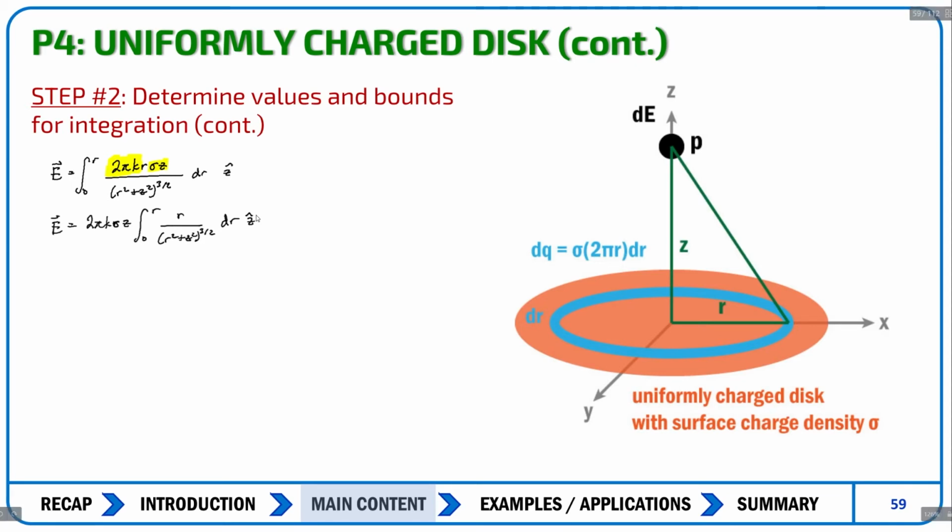And we can use the exact same thing as before with trig substitution. I won't really go through the entire steps here, but you end up with 2 pi k sigma z.